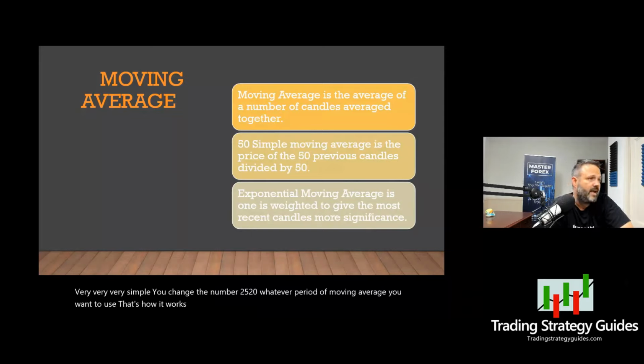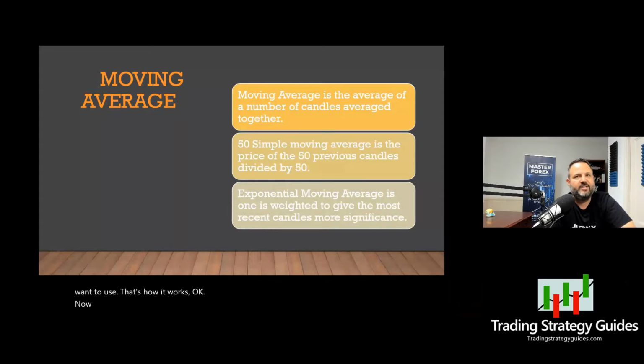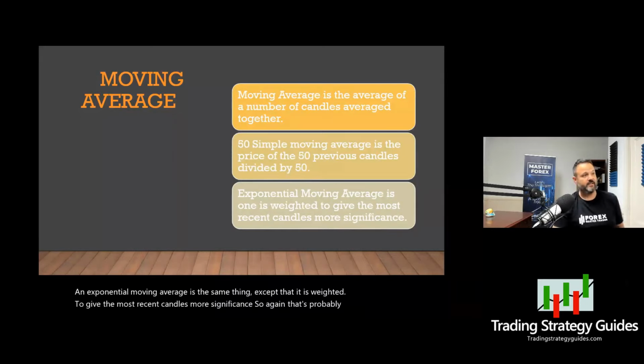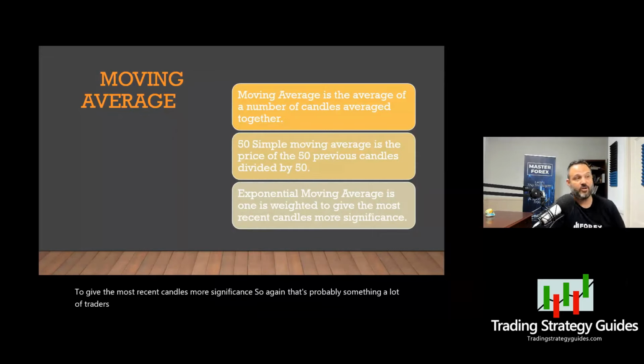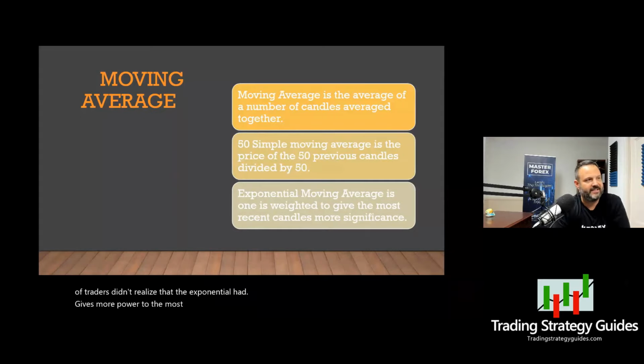Now, an exponential moving average is the same thing, except that it is weighted to give the most recent candles more significance. That's probably something a lot of traders didn't realize, that the exponential gives more power to the most recent price, whereas simple is a straight up average.